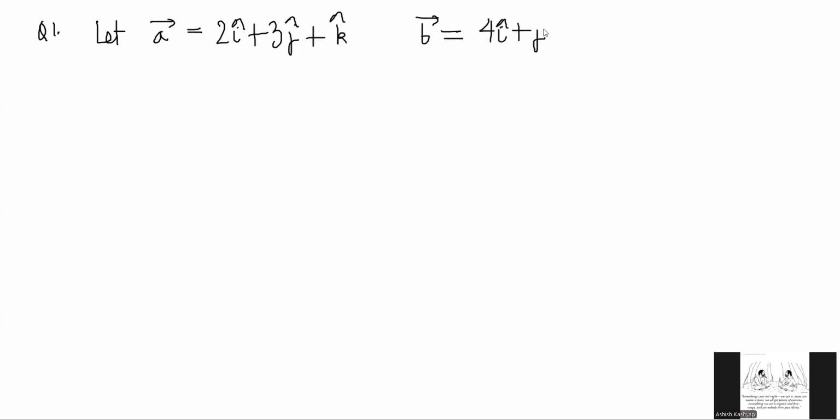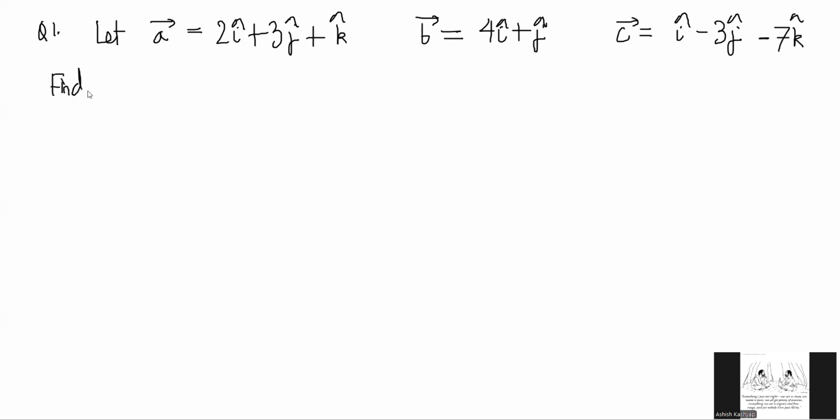Let's look at this question first. Let A be given by 2i plus 3j plus k, B vector be given by 4i plus j, and C vector is i minus 3j minus 7k.